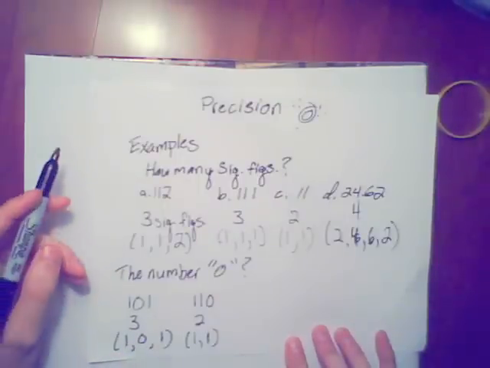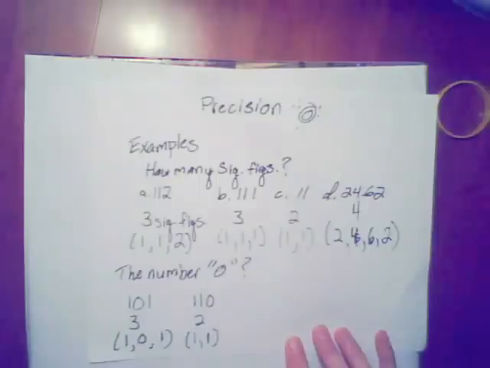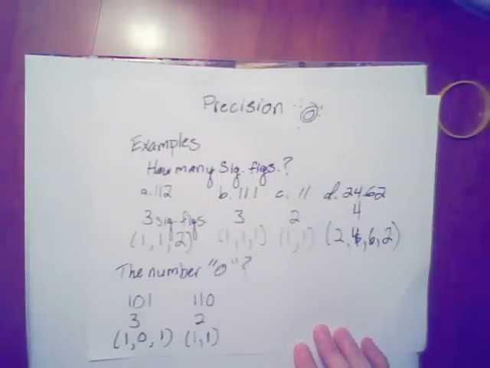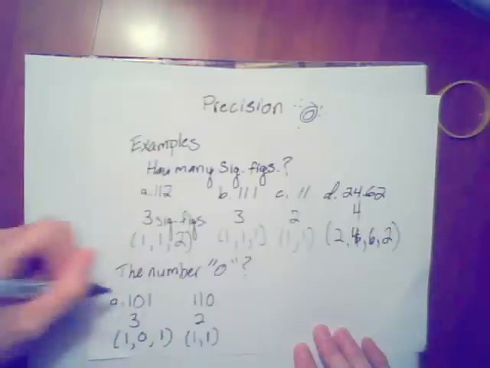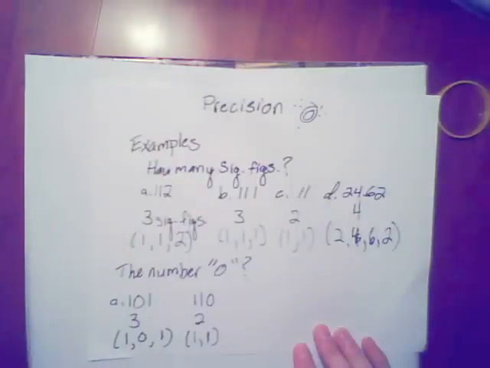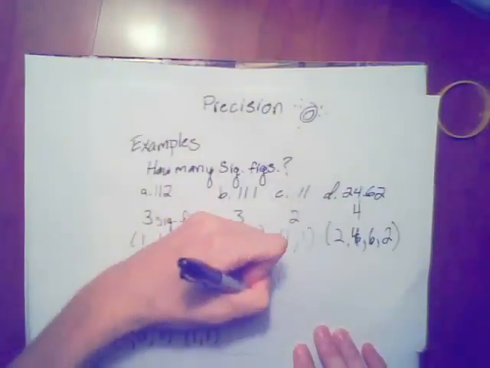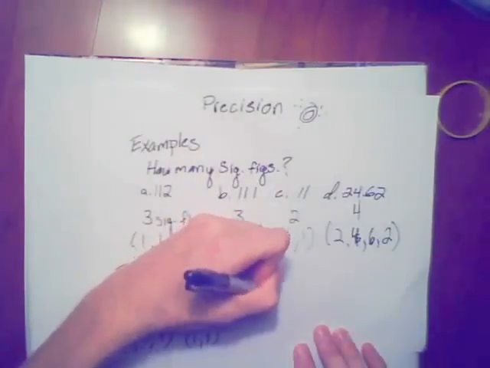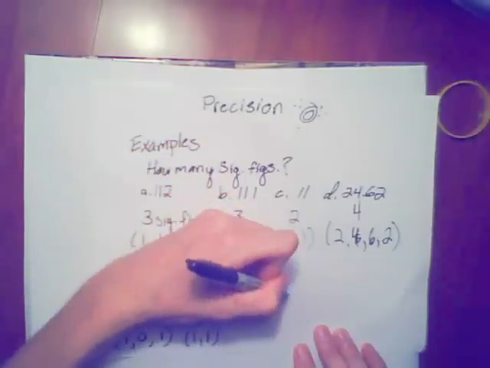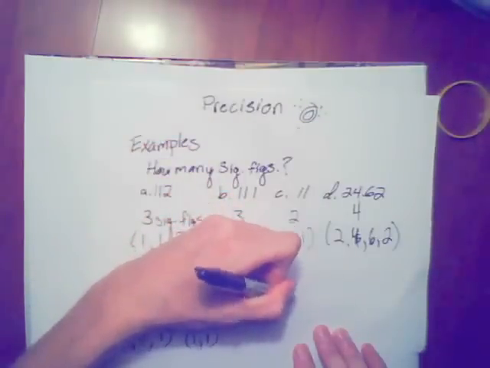The next rule that we're going to go over is decimal points. Whenever you have a 0 after the decimal point, after numbers, it is a placeholder 0, which means it's significant. A number we could look at would be, let's go with 112.260.